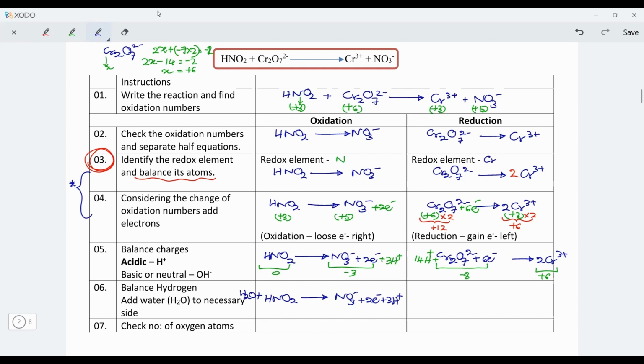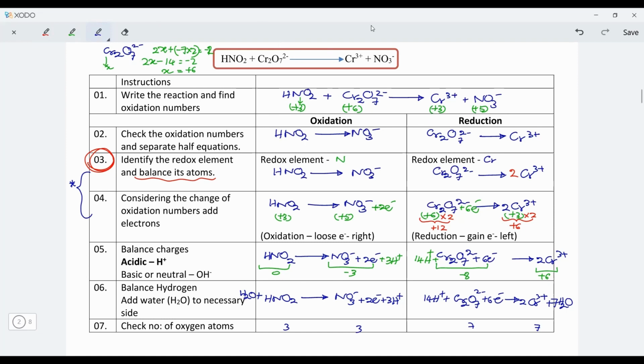And on this side, now you have 14H plus on the left side and there is no other hydrogen than that. So that means you have to add 7 water. So that's it. Then if you check the oxygen atoms, here you have 3, here you have 3, here you have 7, here you have 7. So that means our half reactions are balanced properly.